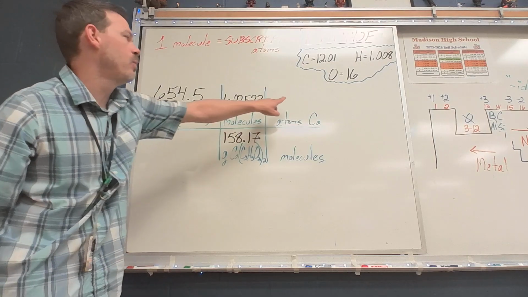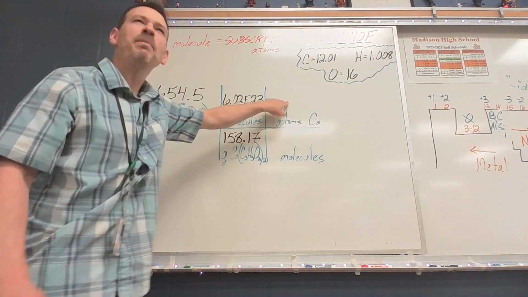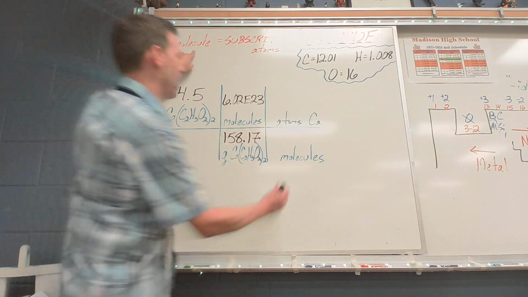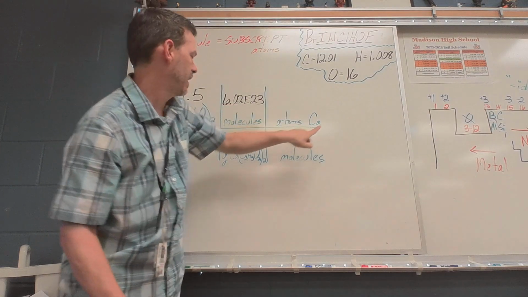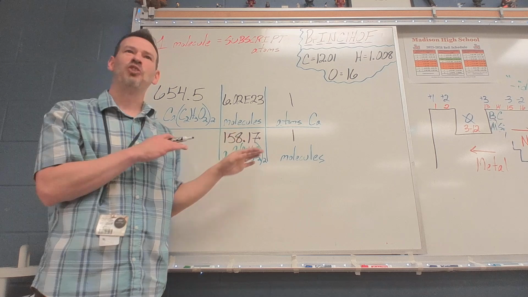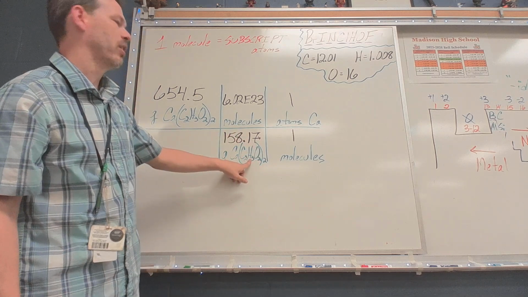What number goes here? It's going to be a 1. Because look, we know it's a 1 here. Here's our new thing. 1 molecule equals the subscript atoms. What's the subscript of calcium? It's 1. So even if you'd forgotten to do it on this one, it wouldn't have changed your answer. But what if it had asked for hydrogen?